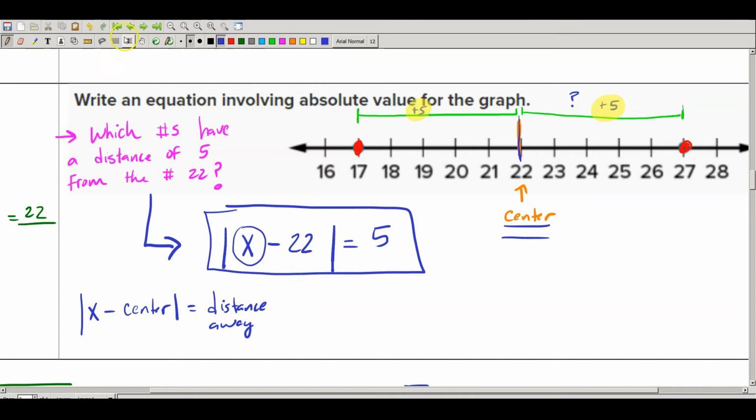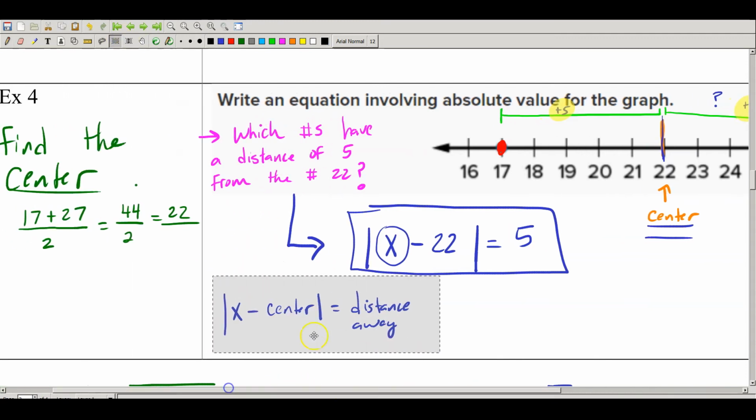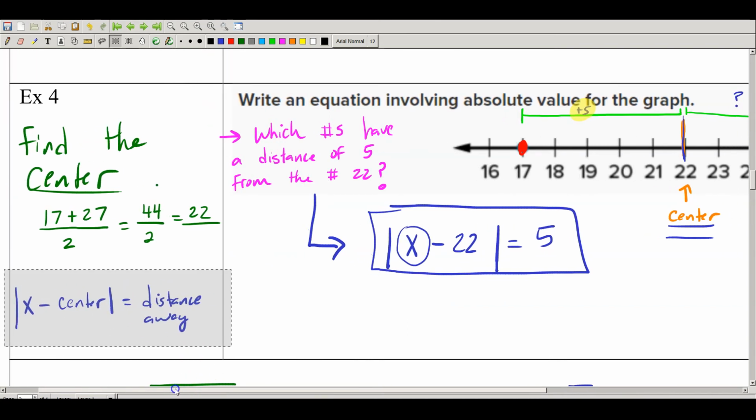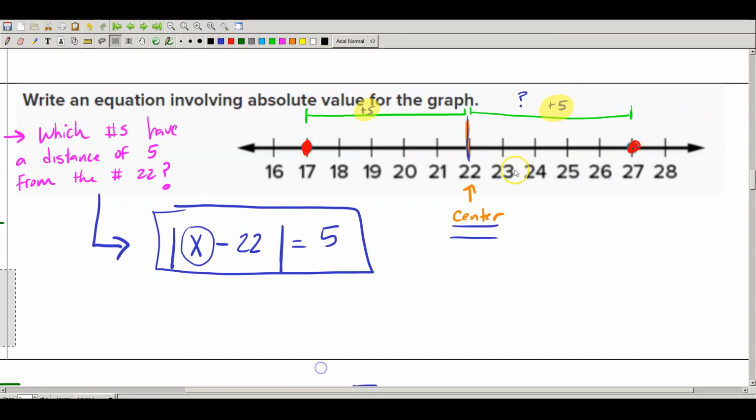That's essentially all you're doing for each of these types of graphs. You might need to practice this a little bit, but the concept is really the same every time you try to write an absolute value equation. Look at the center, find the center, and then write your equation.